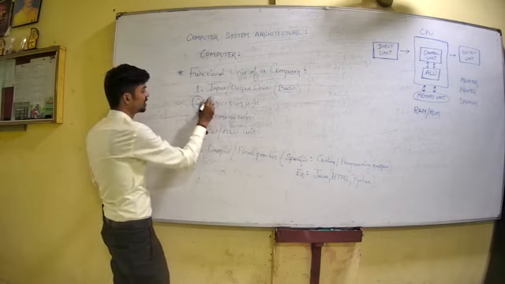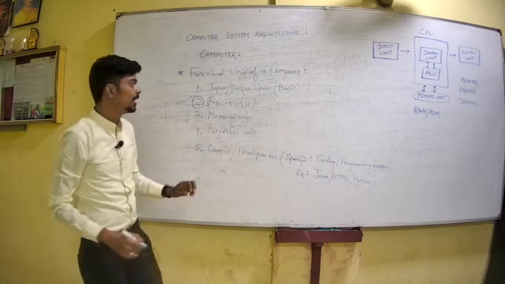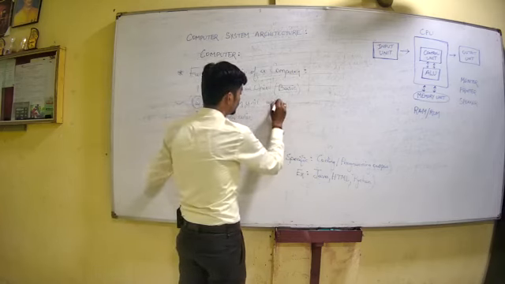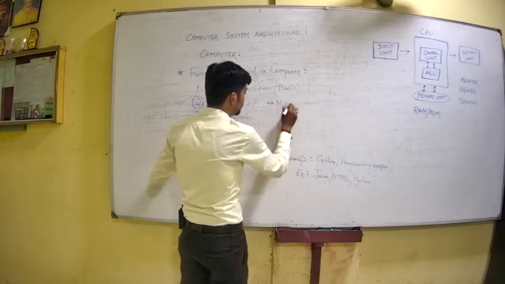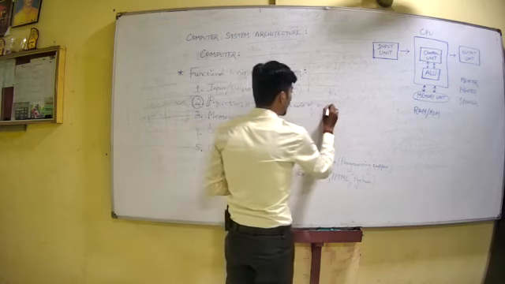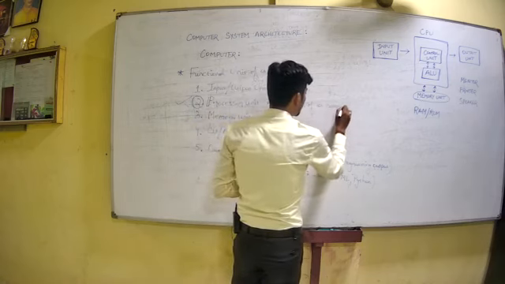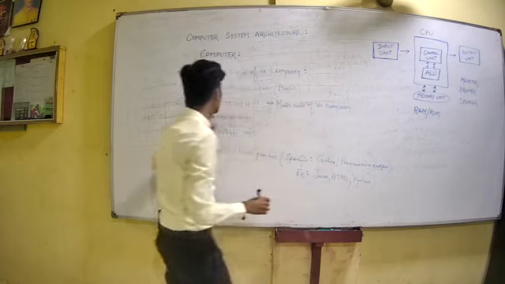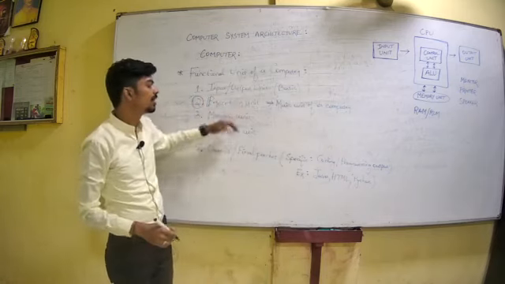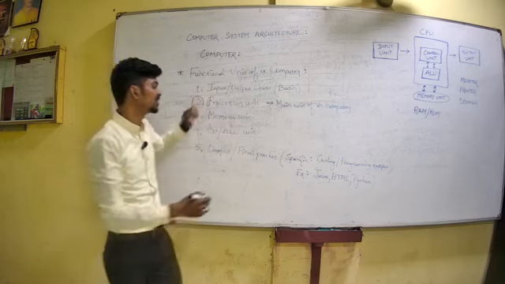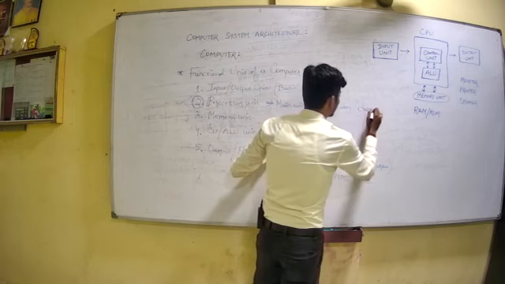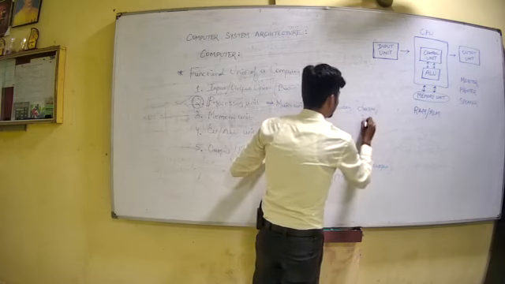So now let us discuss the second part of the functional units of a computer. We have the processor unit. The processor unit is the main unit of a computer. Without the processor, a computer cannot process anything. Process means data or instruction.